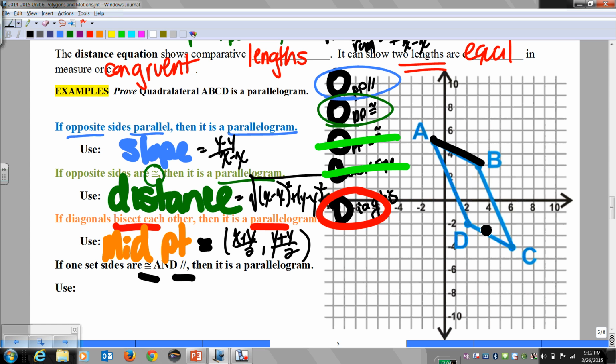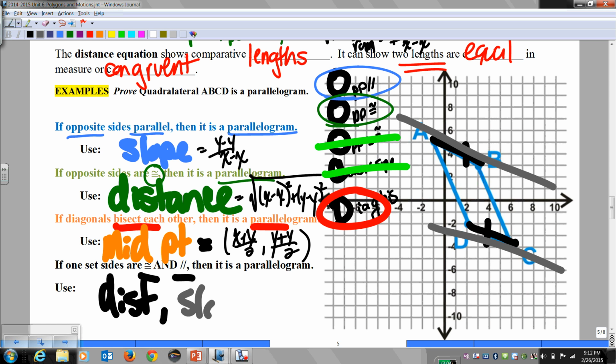So if the same set of sides were congruent by using the distance equation, and the same set of sides were parallel using the slope equation, then it's a parallelogram. So look at how you can use midpoint, slope, and distance to show things on a coordinate plane.